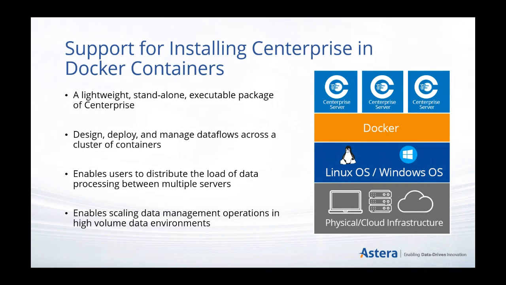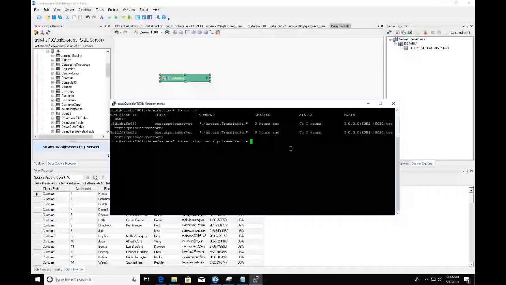If I want to increase my throughput, since I have another license of the Centerprise server, I'm just going to enter one of these commands. There we go, let's go start instead of stop. Now if I check to see what I got, I now have 3 instances of the server up and running.